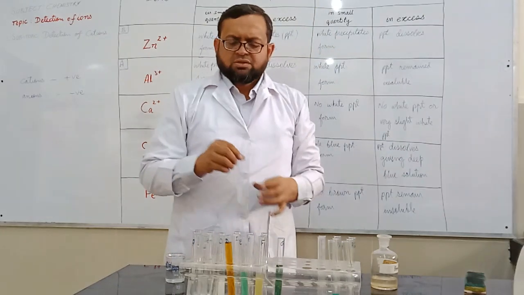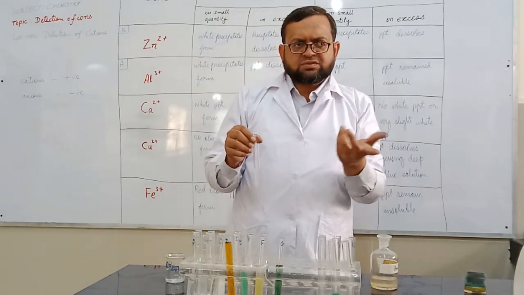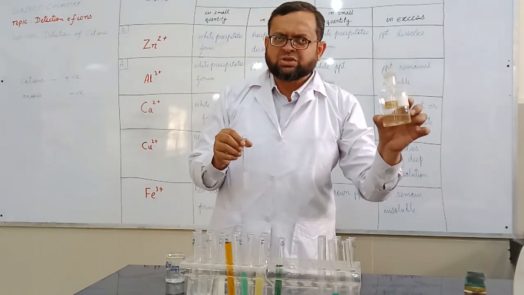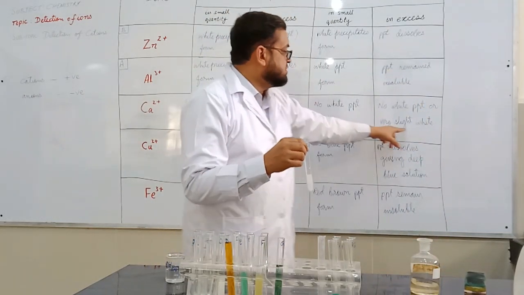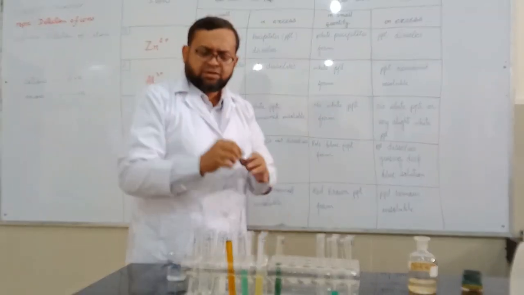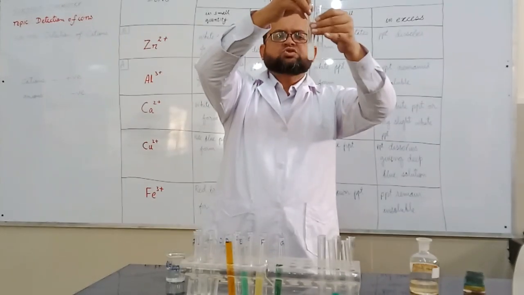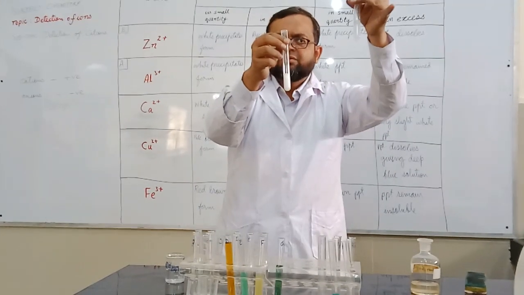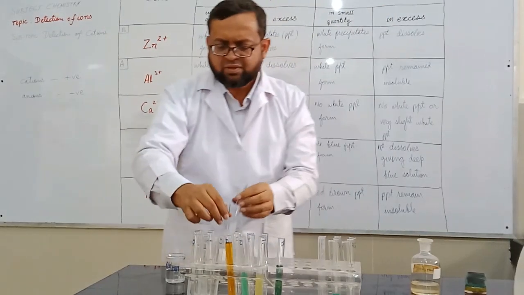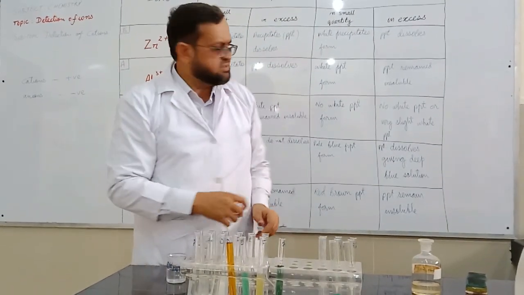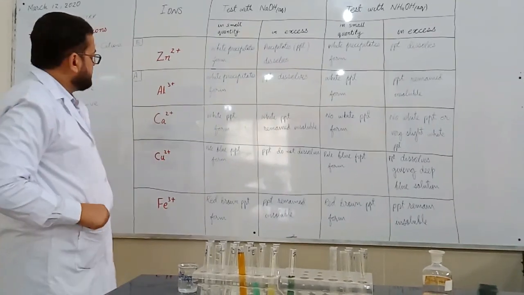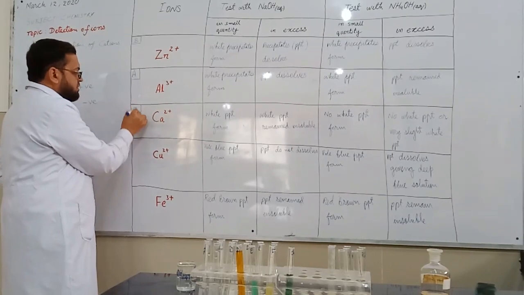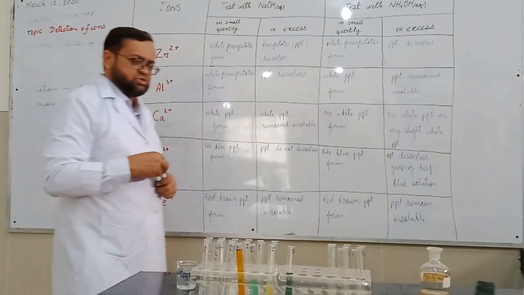Remember that sometimes if someone adds excess, either the calcium ion or the ammonia solution, then it may give a slight white precipitate. But you can see the difference in these two precipitates. These are very clear precipitates, in excess of ammonium hydroxide, but in this case the precipitate is slight. So you can see this difference. So it means these are calcium ions in this solution C.